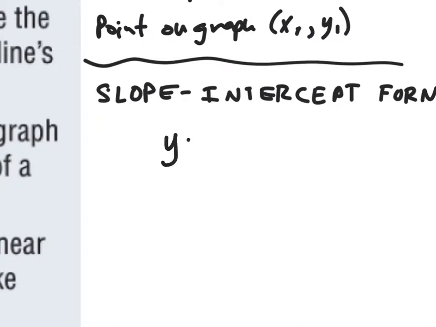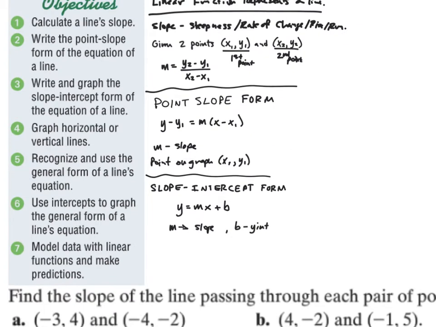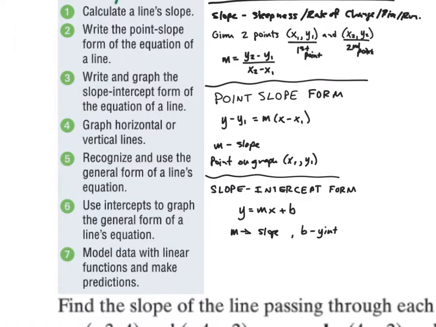It's y is equal to mx plus b, where m is your slope and b is your y-intercept. There's a direct relationship between point slope form and slope intercept form. When you're writing equations, we can actually use both of these. We always want to end up in slope intercept form, but the point slope form can get us to slope intercept form.